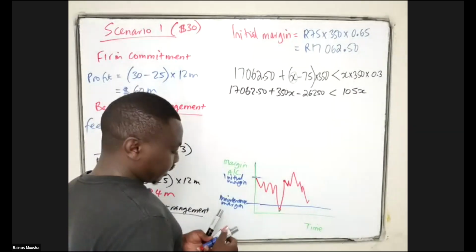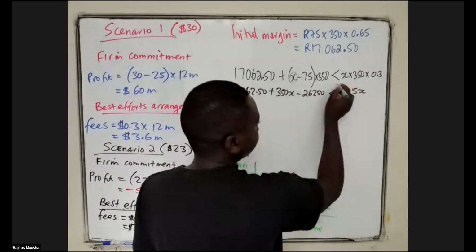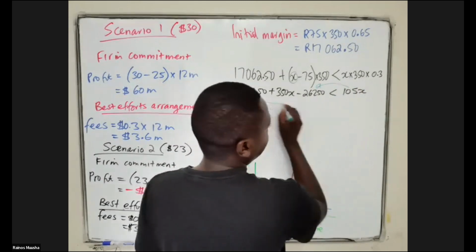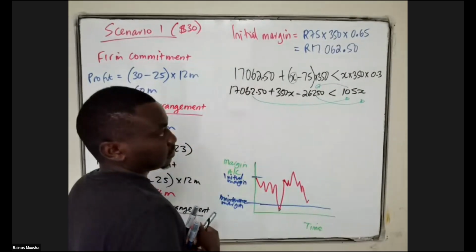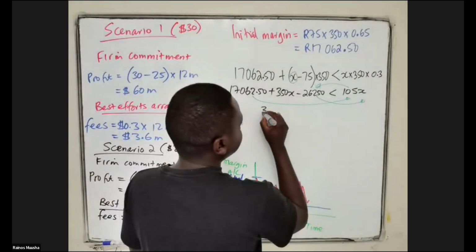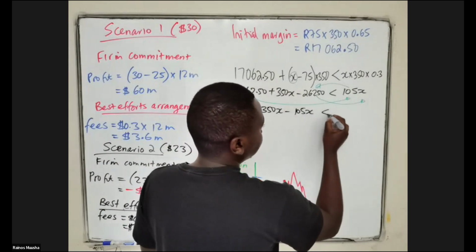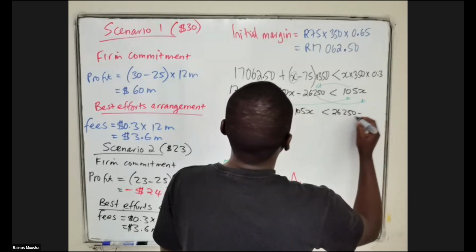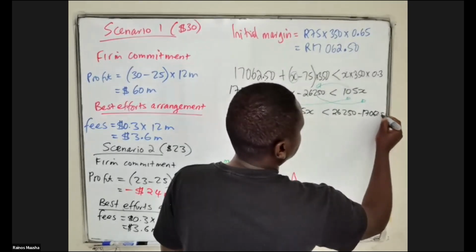Now, to solve for X, what are we going to do? We're going to group like terms together, isn't it? Take this 105 and bring it to this side, and then take these amounts and bring them to this side. So in this case, 350X minus 105X should be less than 26,250 minus 17,062.5.